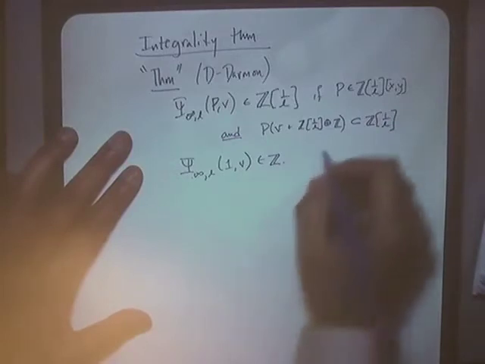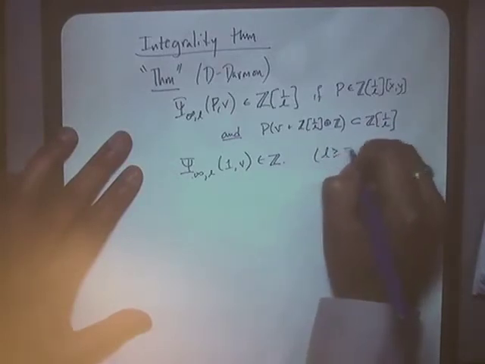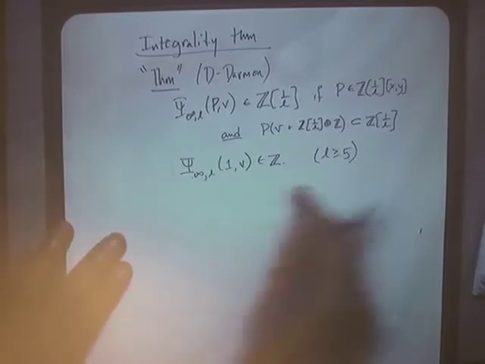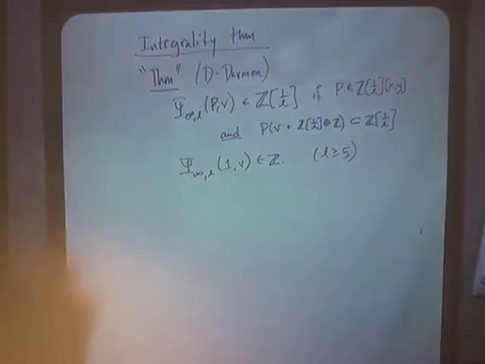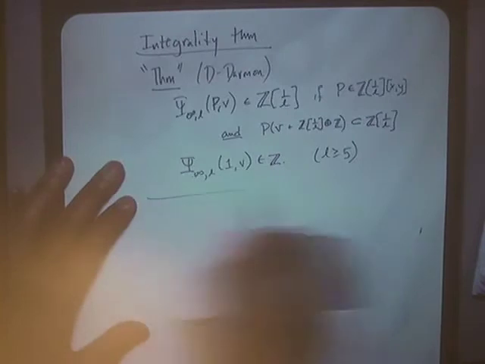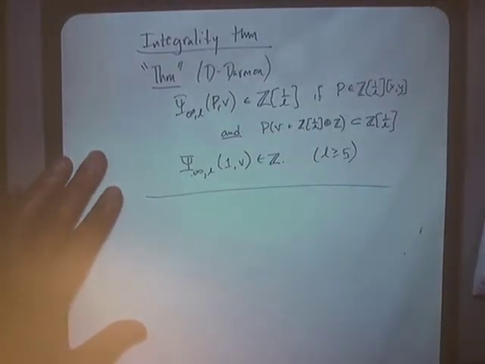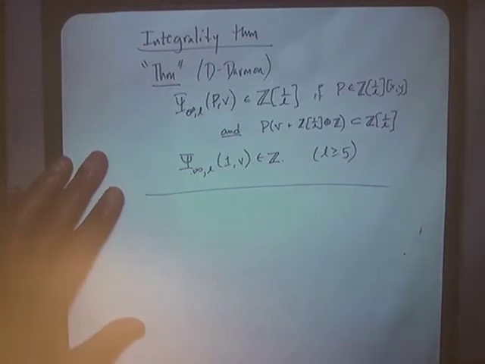This holds if L is greater than 5. If L is 2, you can get 4s in the denominator. If L is 3, you can get 2s or 3s in the denominator. So this is maybe not quite a theorem, but it's true, I think. Maybe we'll see if it's a theorem tomorrow.